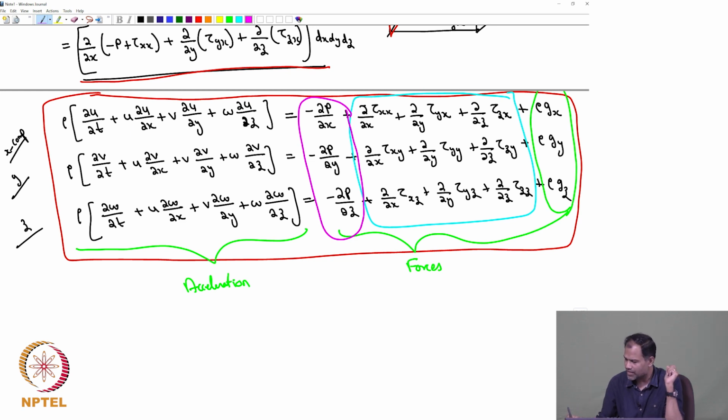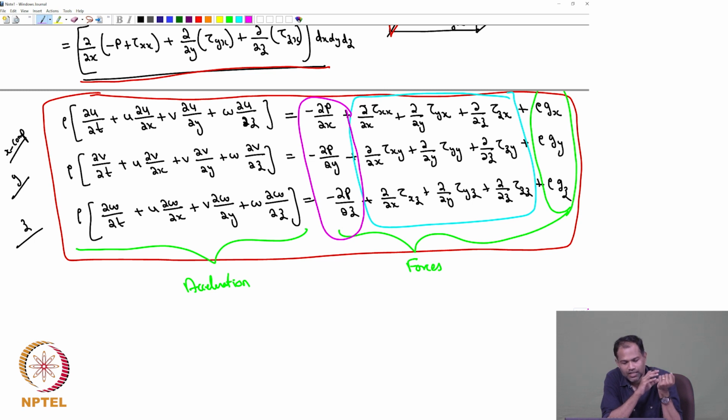Now, remember, we did not write what τ is, we just defined τ as a shear stress, we defined it as a surface force, and we said that is what is acting on the fluid element, but we need to further simplify it in order to use it further, because if you write it in this particular form, there are too many unknowns.